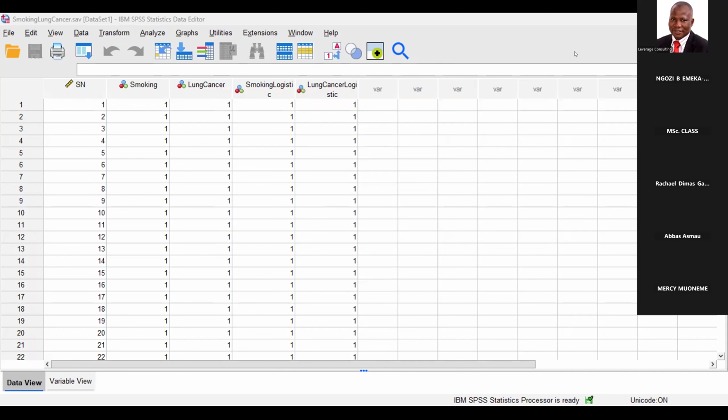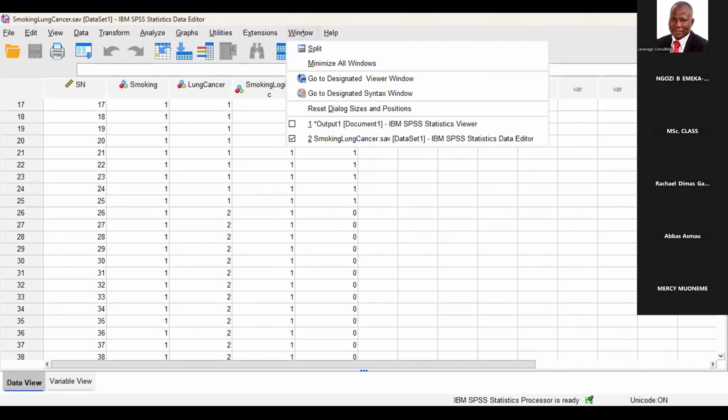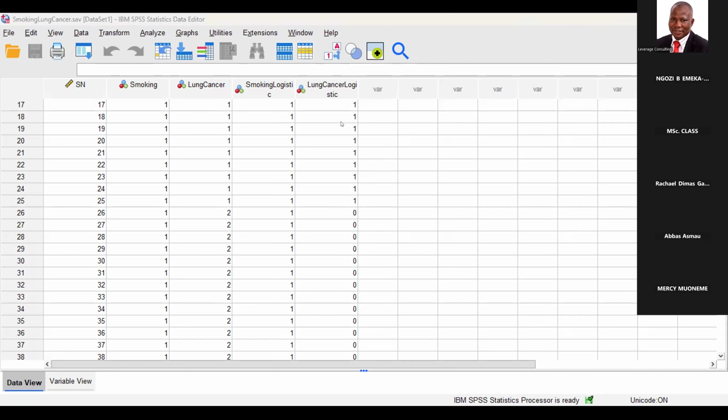So you have to share. Or if you go to your window, you may open the result. If you go to Window beside Help, you can open the result. Click on Window, beside Help, before Help. You didn't see it, so click on that one, Output Viewer One. Maybe it will change.